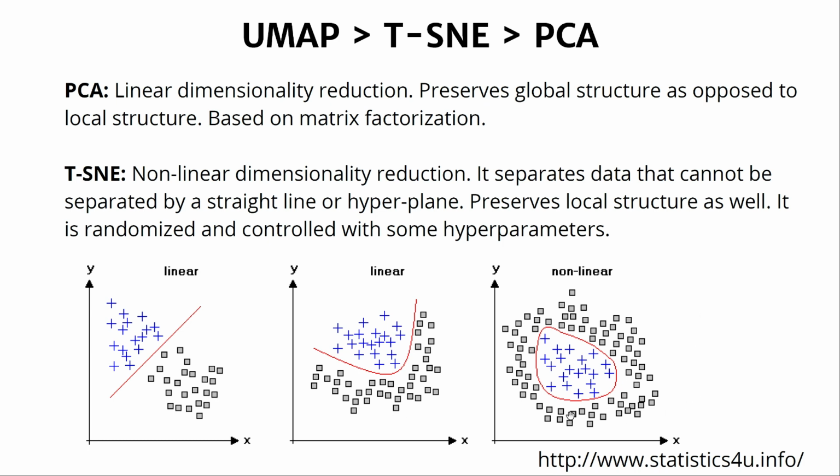But if the data is non-linear, as you can see here, you cannot use a weighted combination of the dimensions to classify accordingly, which is to separate these things. So that's why PCA is not perfect for everything.